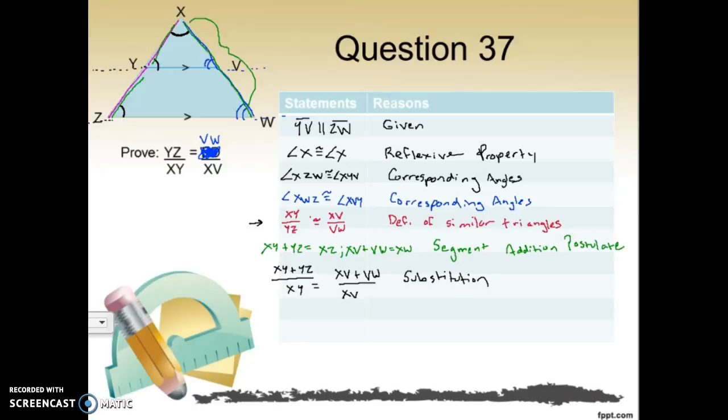All right, so we're going to cruise on down to the next step. What I'm going to do is separate those ratios out a little bit.